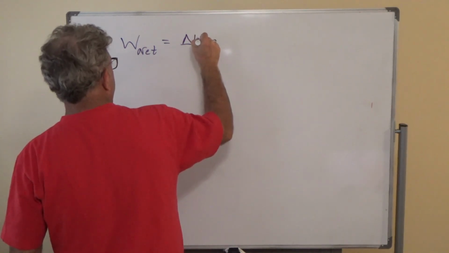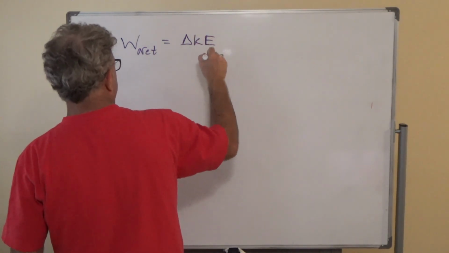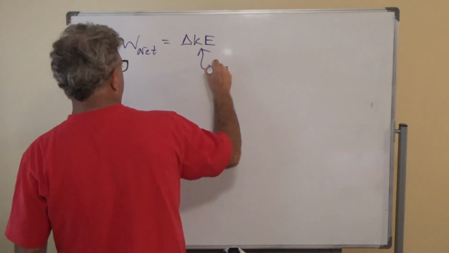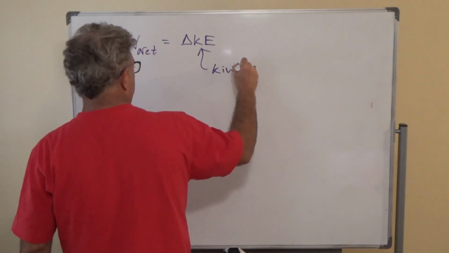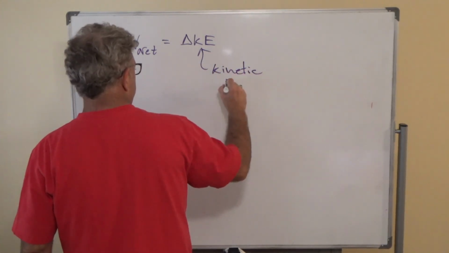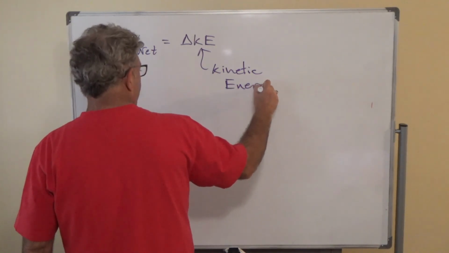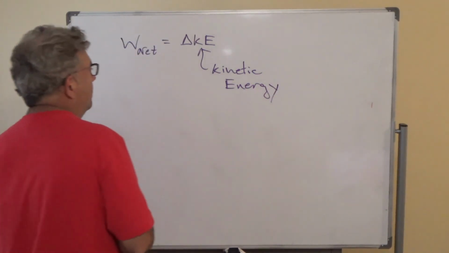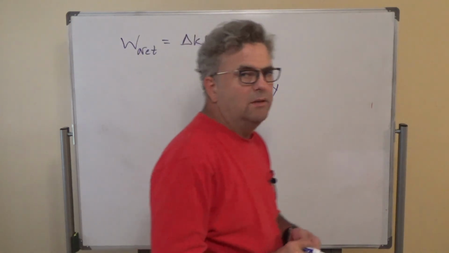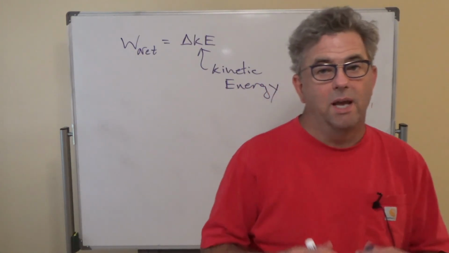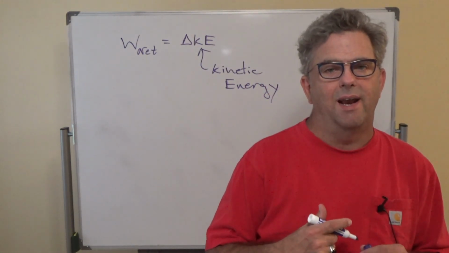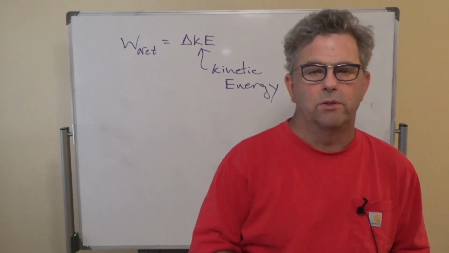So the net work that is done on an object by summing up all the work is equal to the change in kinetic energy. So when I write KE, that is kinetic energy. I'm going to write down the definition or the form of kinetic energy for point particles.